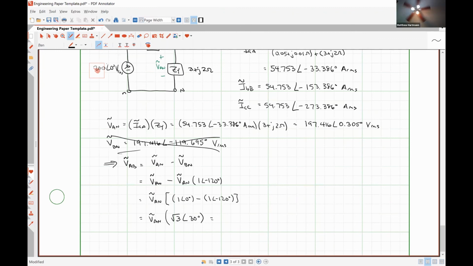So for our particular example, we have 197.416 angle 305 degrees. Multiply this by root 3 angle 30.